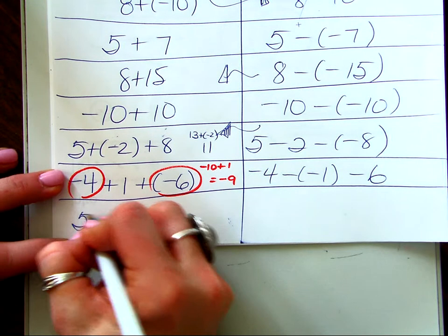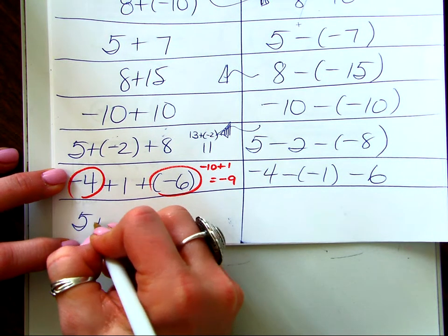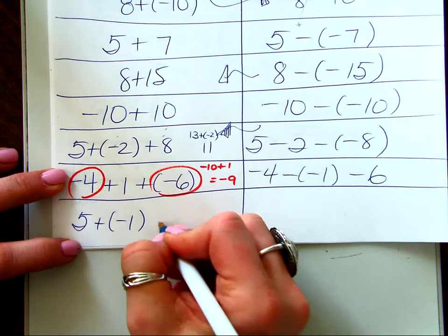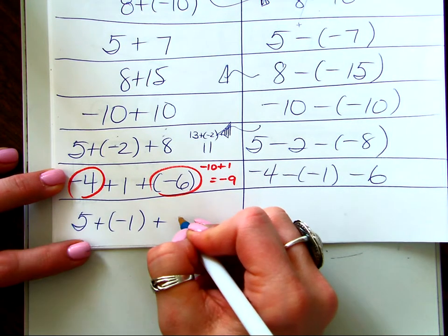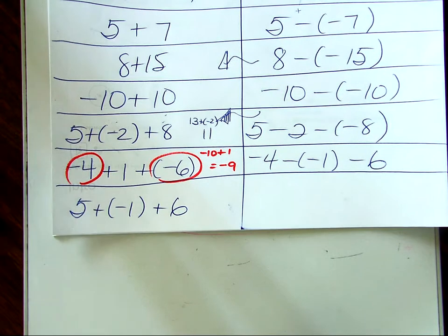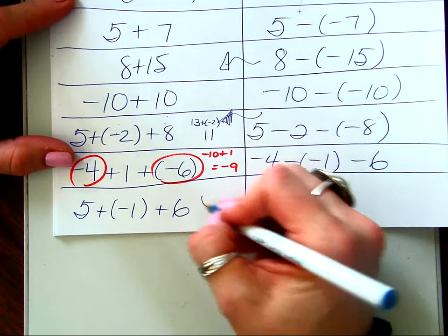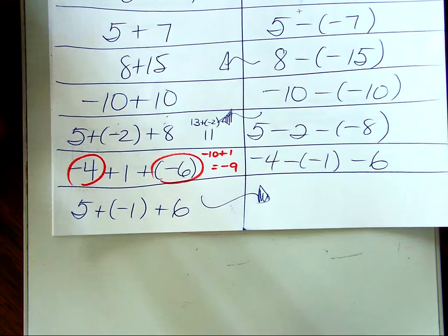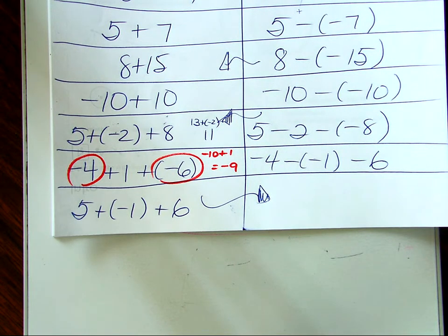5 plus negative 1 plus 6. All right, try that. Now try it going backwards. Try putting it all into the negatives. What did they start out as? And then give me an answer. I'll come over and help.